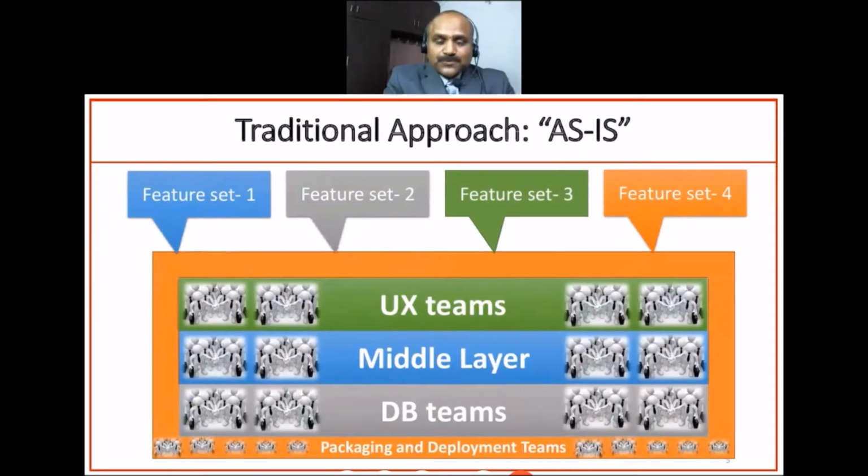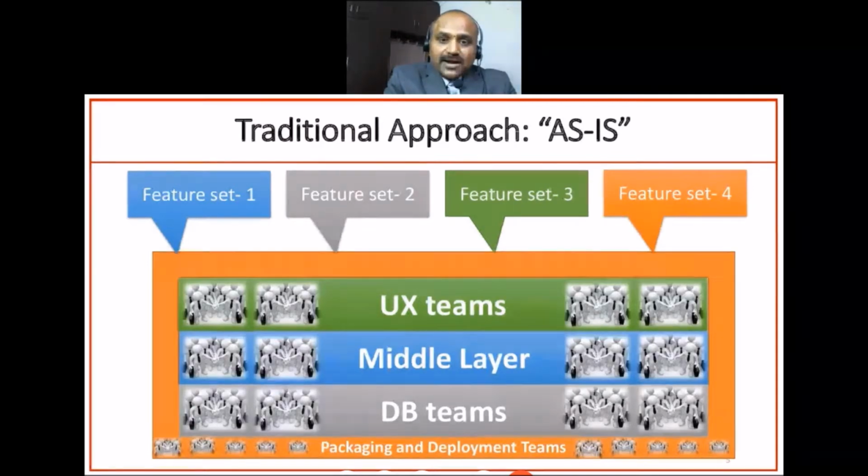The feature sets are what the end user witnesses. If you want to make a change in one of the feature sets, it has to cut through all these horizontal components. So multiple horizontal teams are working on it. Either a development, a modification or an incident has to cut across these layers to be resolved. That's why in a traditional approach, the organizations are structured across these layers.